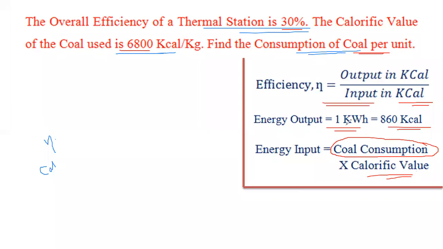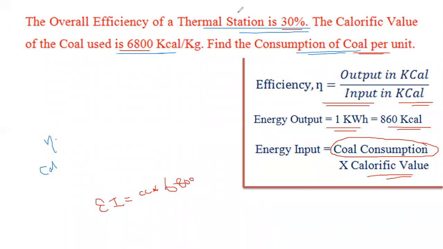Now the first thing we want to find is the energy input, that is the coal consumption with respect to the calorific value. The energy input equals the coal consumption into the calorific value, which in the problem is given as 6,800.